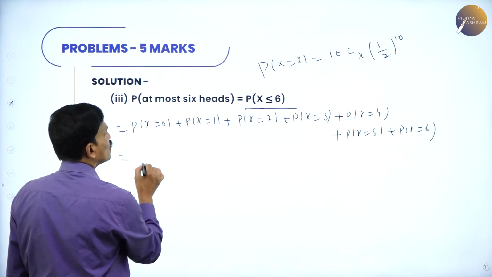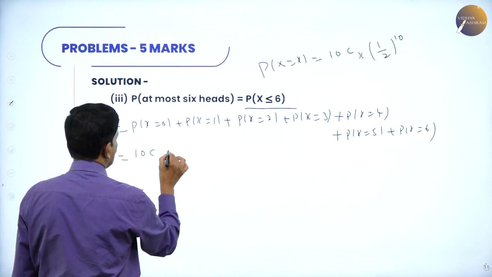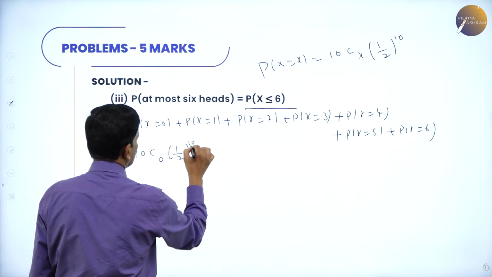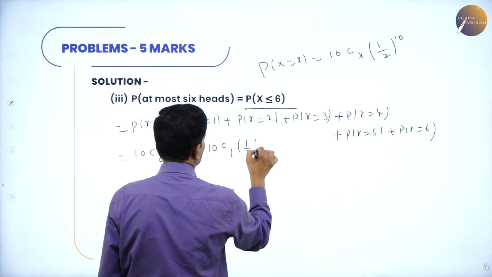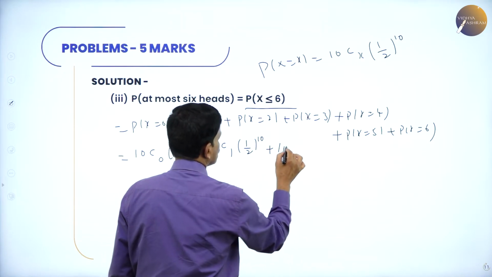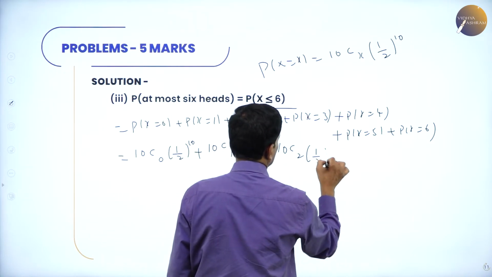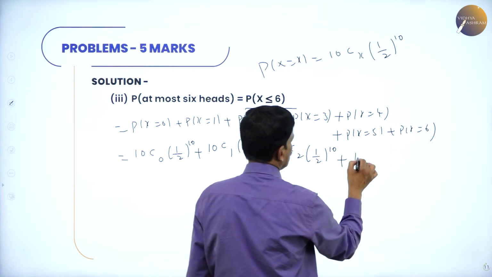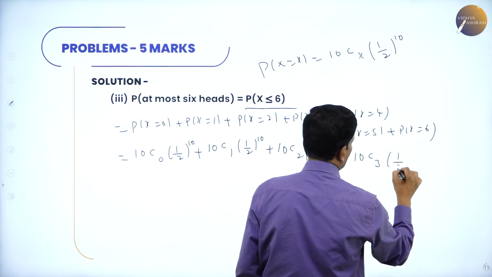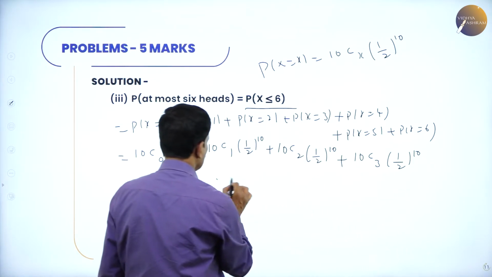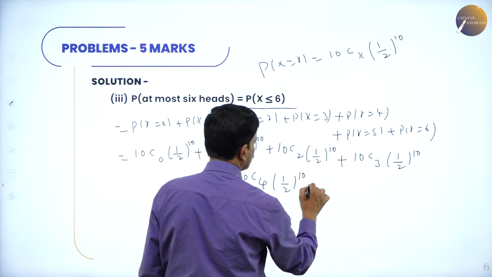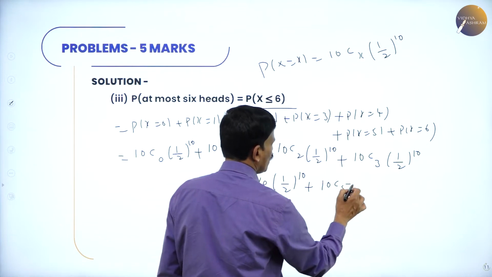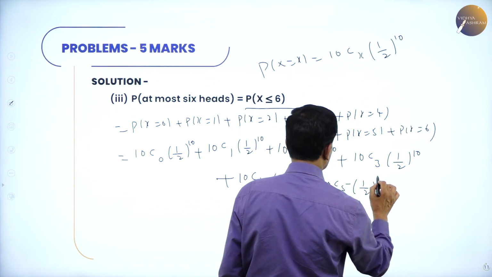So this is 10C0 1 by 2 to the power of 10 plus 10C1 1 by 2 to the power of 10 plus 10C2 1 by 2 to the power of 10 plus 10C3 1 by 2 to the power of 10 plus 10C4 1 by 2 to the power of 10 plus 10C5 1 by 2 to the power of 10.